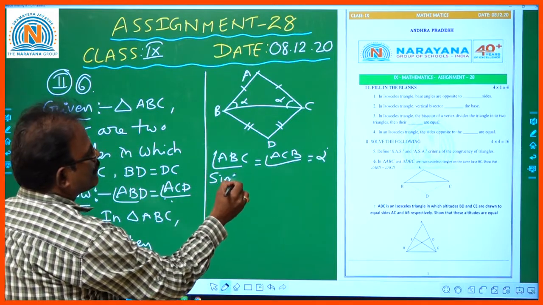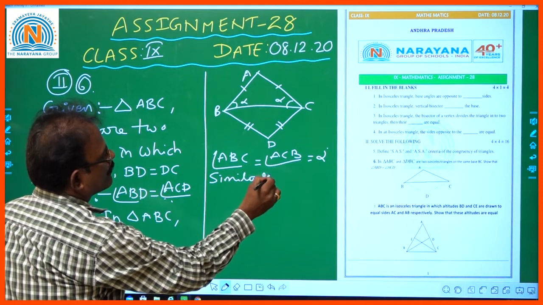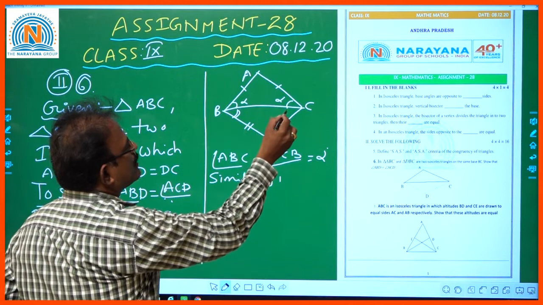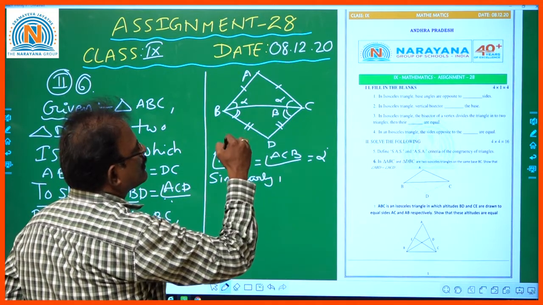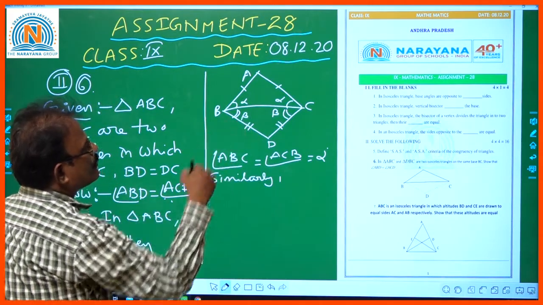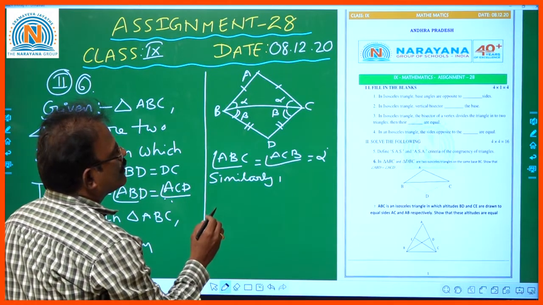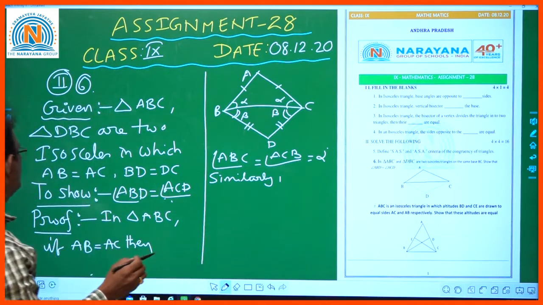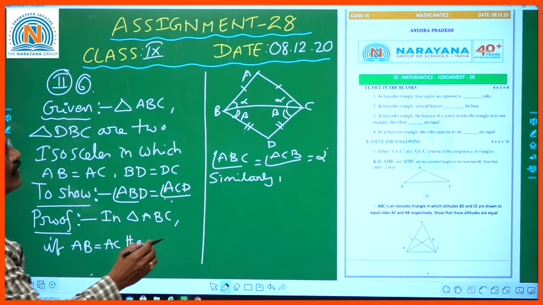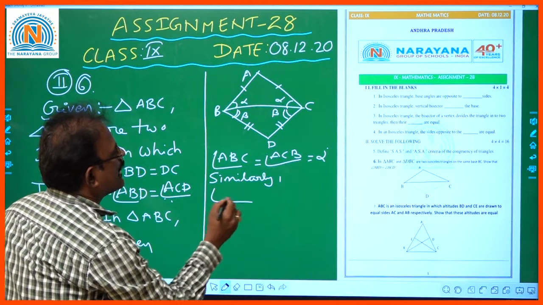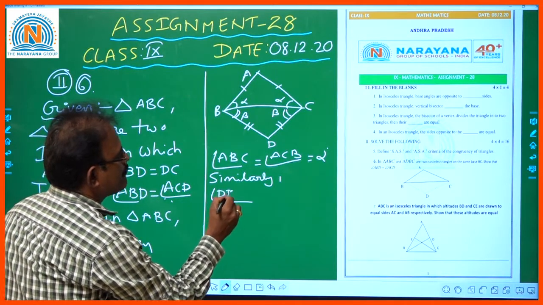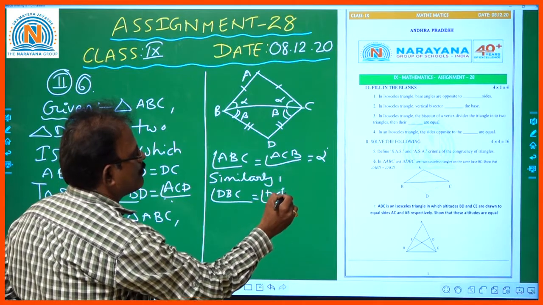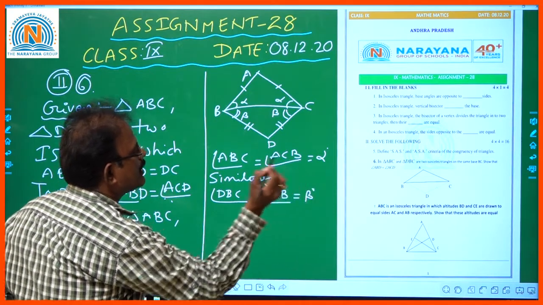Similarly, angle DBC from this triangle, this is beta, for example. That means angle DBC, angle DCB is equal to beta.